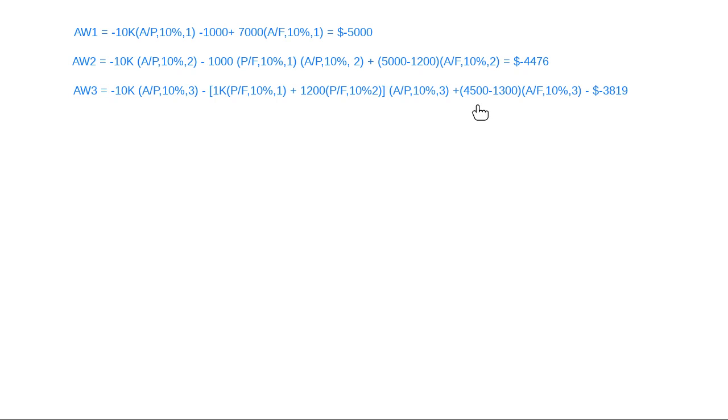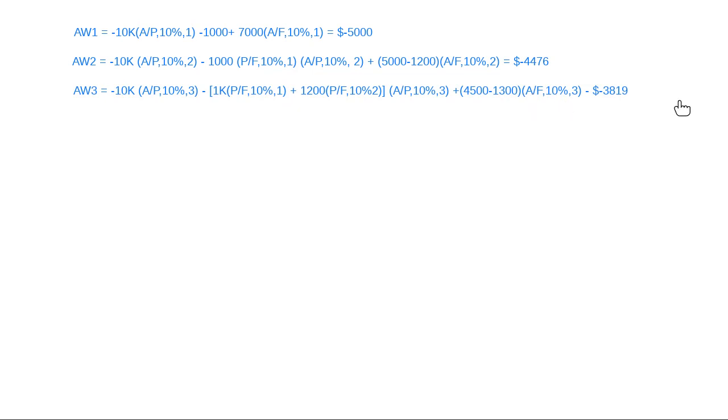What remains to us now is the 4,500, which is the salvage value that appeared on year 3, and the operating cost for the 3rd year, which is the 1,300. Both of those two values are on year 3, and if both of them are in the same year, we can subtract them, and then we multiply them with a converter, which is A given F for 3 years.